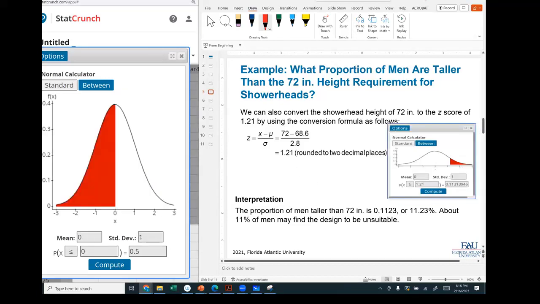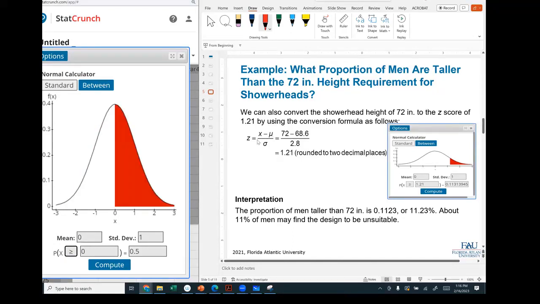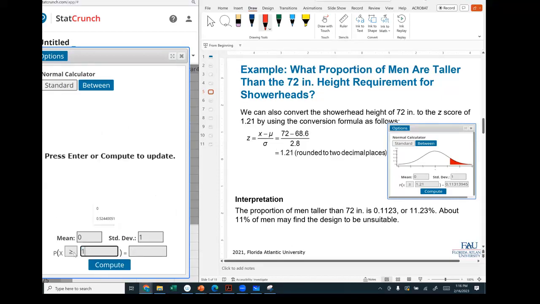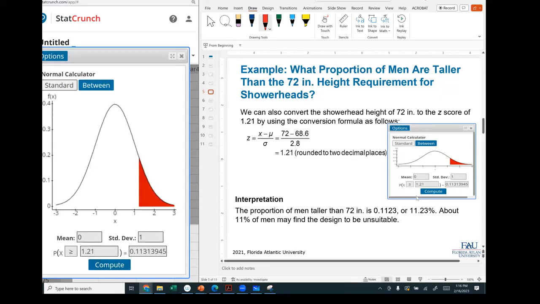So now if I just use our regular calculator with the mean equals 0, standard deviation of 1, and what we want to find, we converted the z-score to 1.21. And we hit compute. Notice that's a little bit off from what we had before, which is 0.1123 or 11.23%. But it's because we rounded to 2 decimal places.